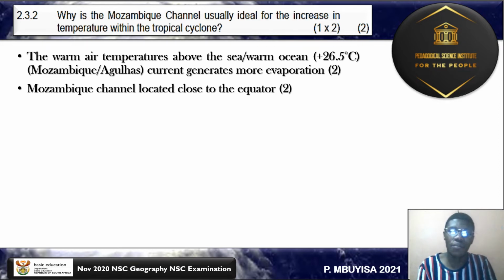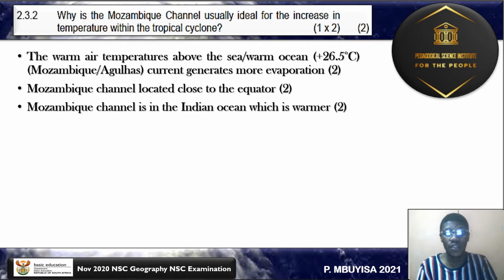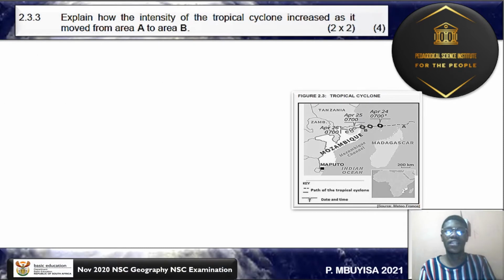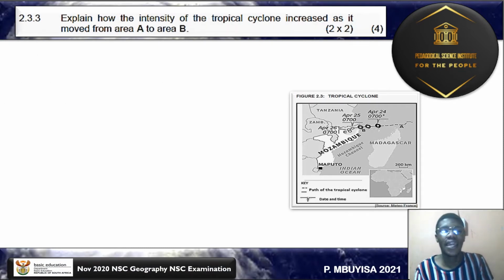And again, the Mozambique channel is located closer to the equator, so it's in our tropical region, so that's also ideal for the formation of tropical cyclones. And the Mozambique channel is in the Indian Ocean, which is warmer because of the warm Mozambique ocean current. And let's look at the next question.